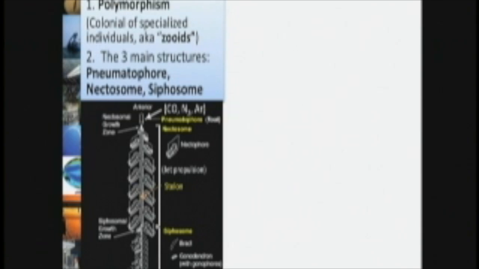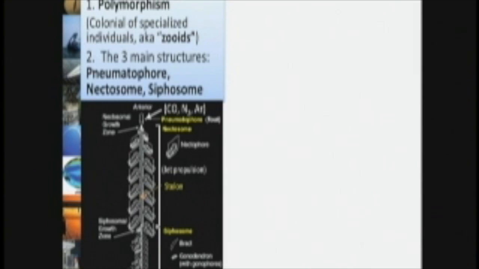It's called polymorphism, which means each individual has a different outer appearance and functions differently, but they all live together. And there are three major parts. One is the pneumatophore, which is the head of the siphonophore, and its function is to maintain the buoyancy. The way they do that is they have a nitrogen organ.